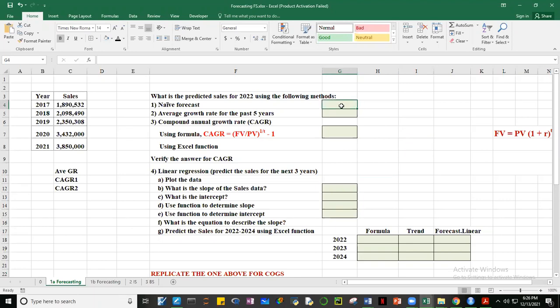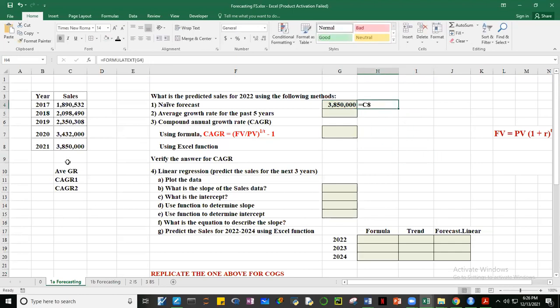That's correct. So using the naive forecast, our forecast will be equal to the previous figure. Since our previous figure is the sales of 2021, that will be our forecast. Let me also get this so that you can see the formula.